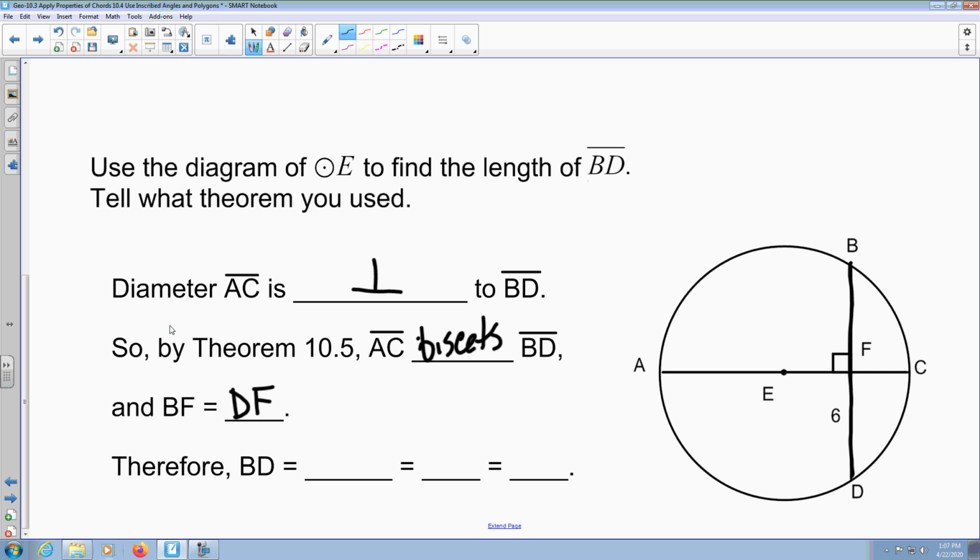We know that DF is a value of 6, so BD is 2 times whatever DF is. DF is 6, so essentially it's 2 times 6, so BD is a value of 12.